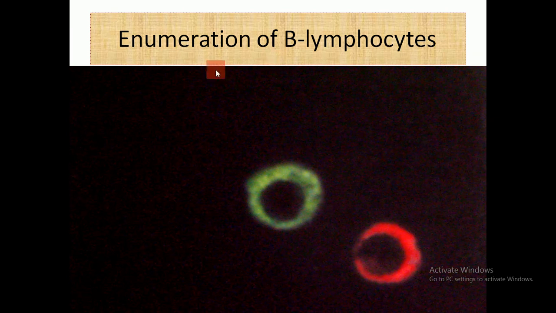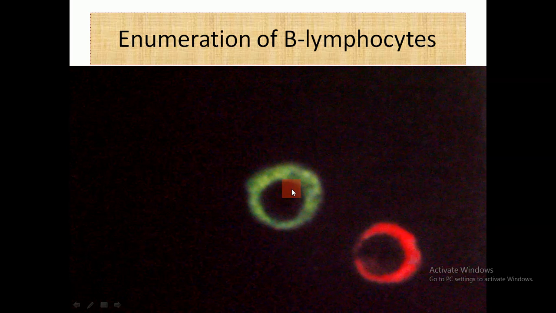Second, the enumeration of B lymphocytes. As you know, the B lymphocyte has antibodies on its cell surface, and we add to it the conjugate. This is the direct immunofluorescence, and then we examine under the fluorescent microscope, and we see the cell wall of the B lymphocyte will be apple green and fluoresce.